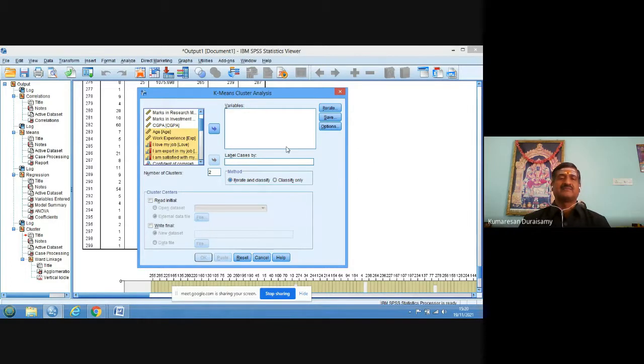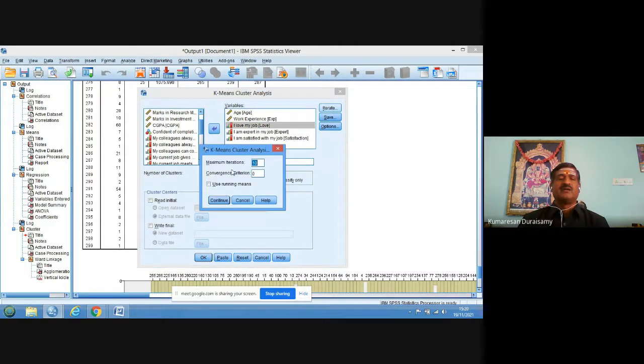All are selected. Then, here, number of clusters. We have decided from the hierarchical cluster analysis that 3 clusters are to be formed. Now, go to iterate. Maximum 10 iterations given. That's okay.